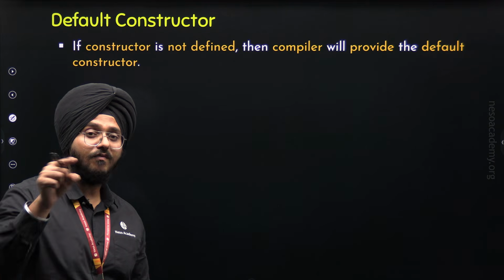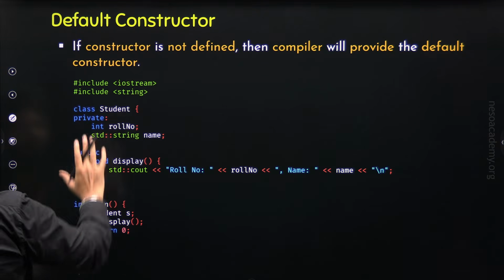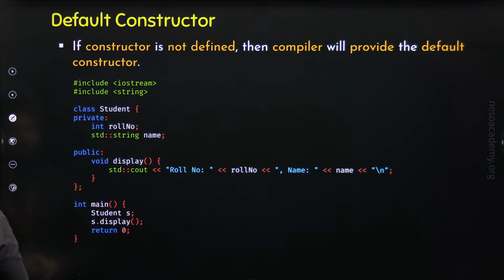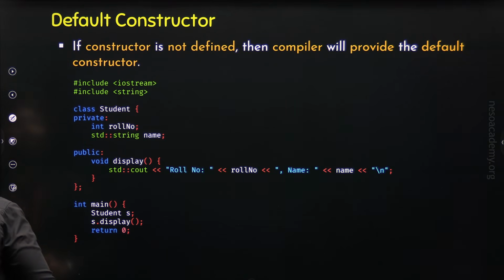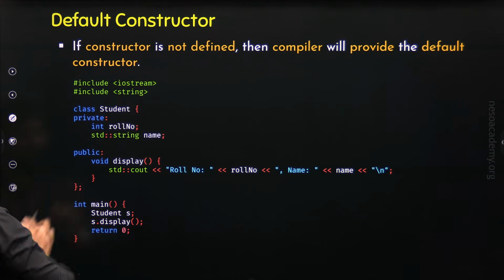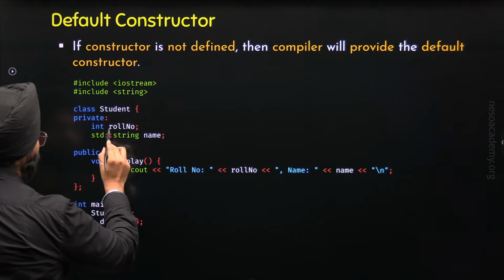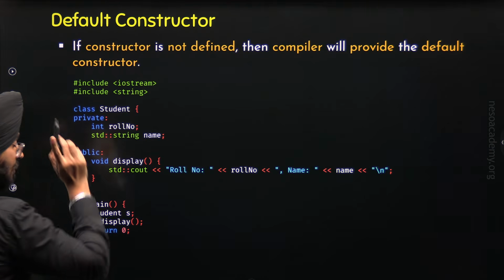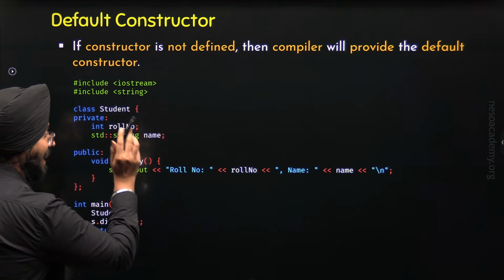The string variable will receive the empty string. Here is the example program we took before as well, but this time we do not have the constructor. The default constructor is provided by the compiler as there is no constructor here. Now through that default constructor, roll number will receive a garbage value and this name variable will receive an empty string.